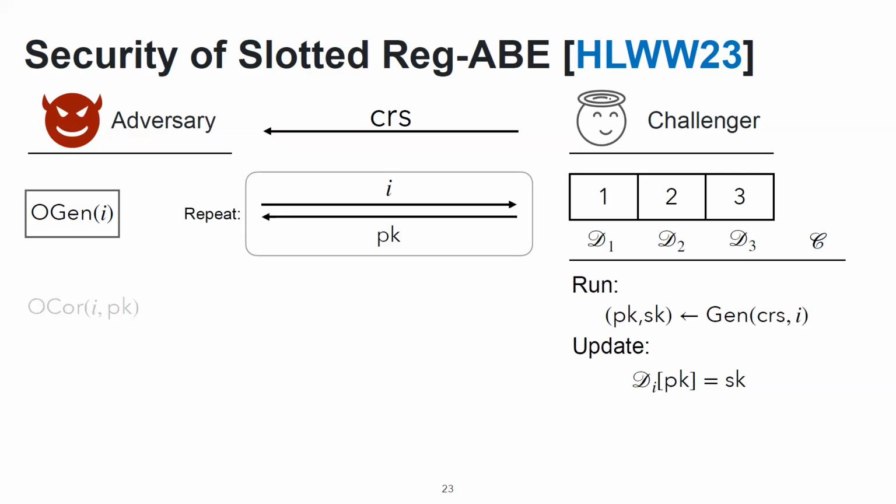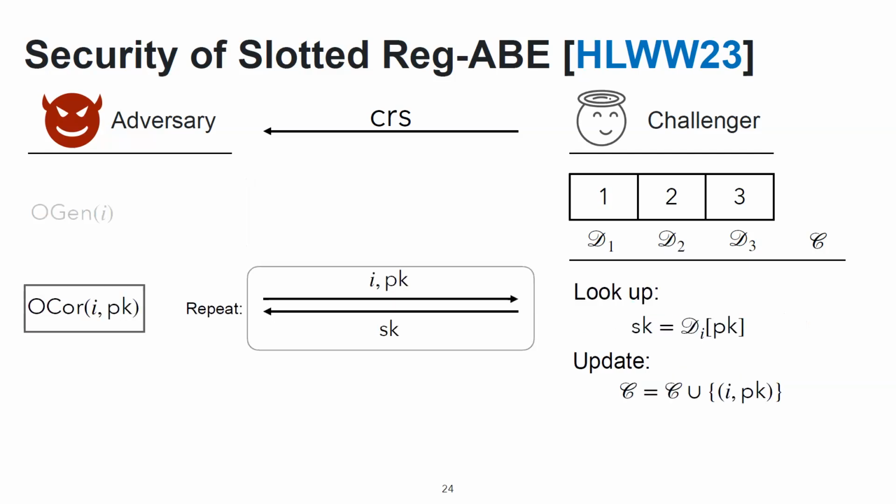In Oracle Generate, the adversary can ask for a slot index i. The challenger will generate the key pair for this slot i and record them in the corresponding dictionary, and return the public key to the adversary.